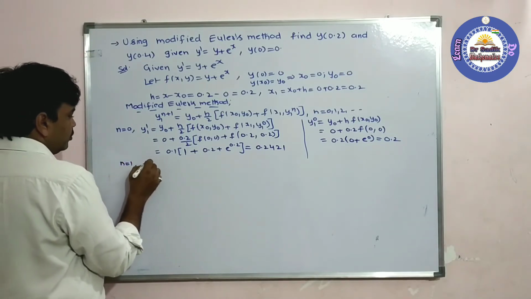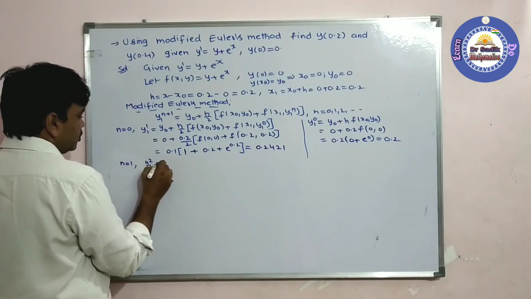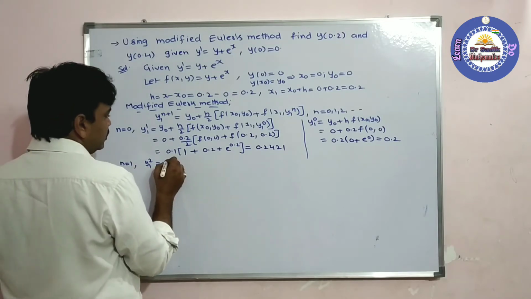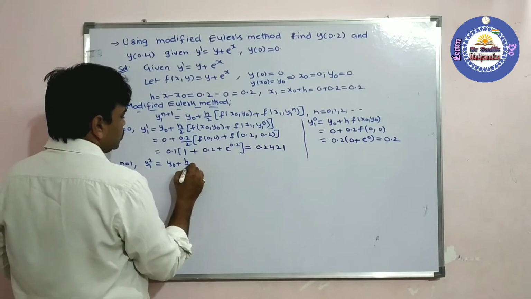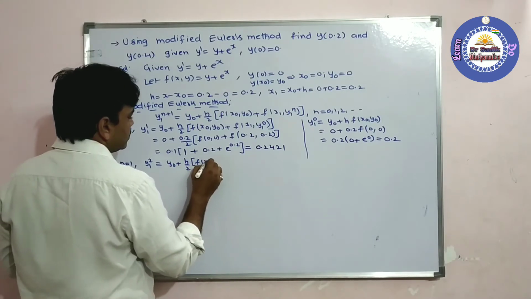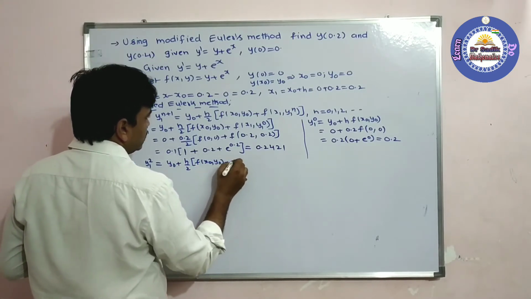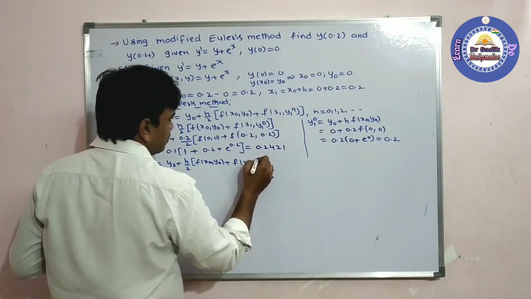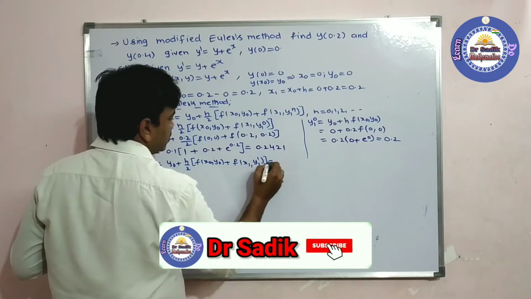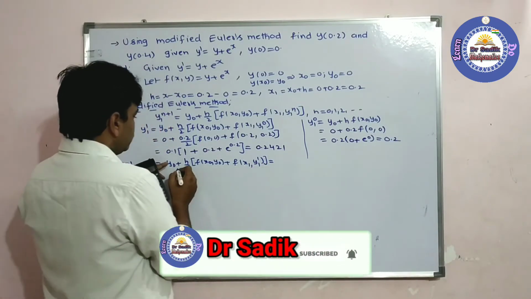So I want to take n equal to 1, students. So y1^(2) is equal to the same value, students: y0 plus h by 2 into f(x0, y0) plus f(x1, ...). Where is the change, students? y1^(1), students. So that is equal to, what is the y0 value, students? 0.